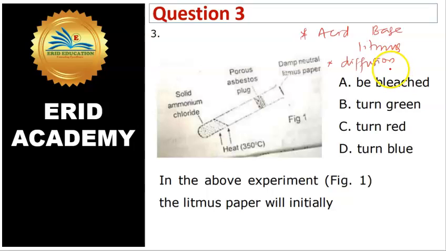Increase in mass reduces the rate of diffusion of gas. As the mass of the gas increases, the rate of diffusion of the gas will reduce. So that tells us that a lighter gas will diffuse faster than a heavier gas.